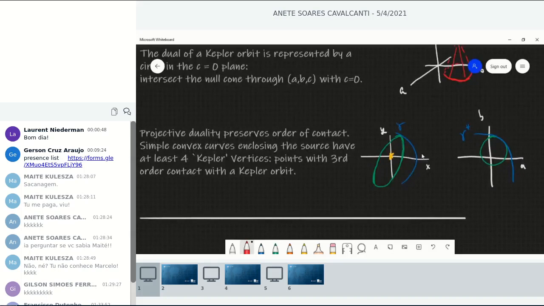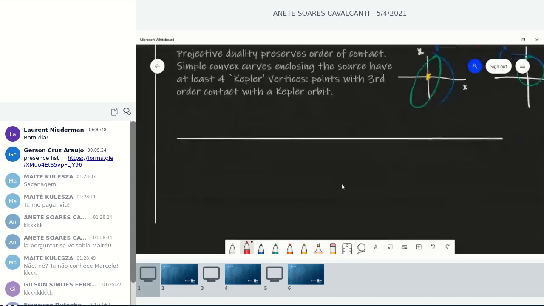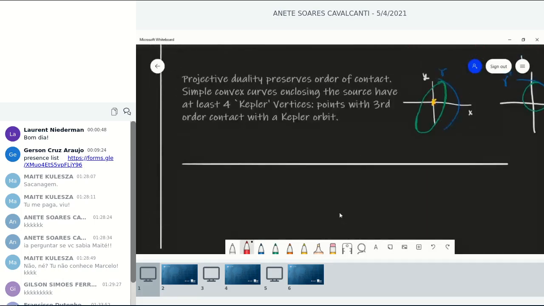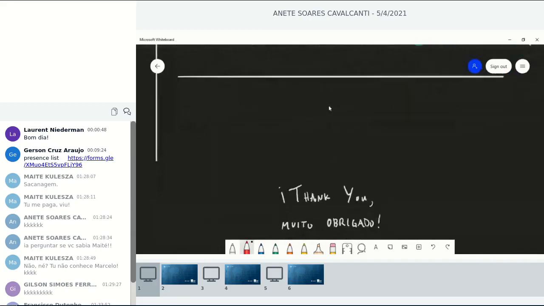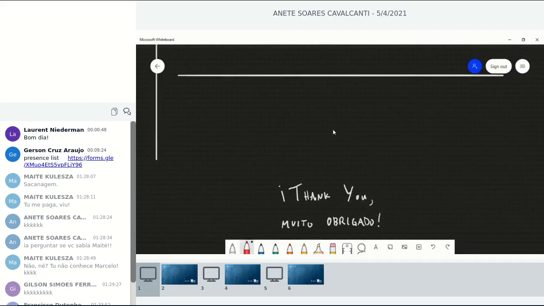So the theorem of osculating circles translates to a four-vertex theorem on osculating Kepler conics, which is kind of neat. And well, that's what I wanted to finish with. So thanks for your attention. Muito obrigado.